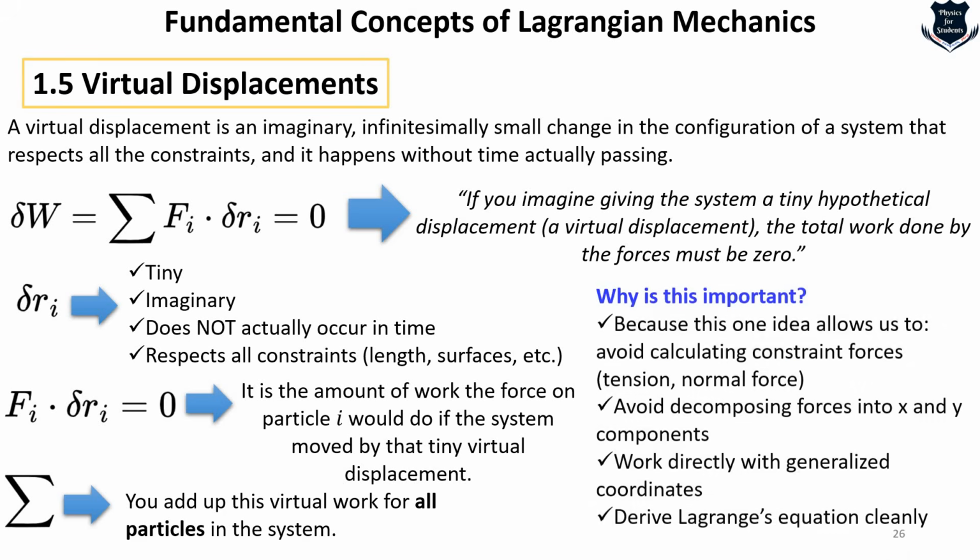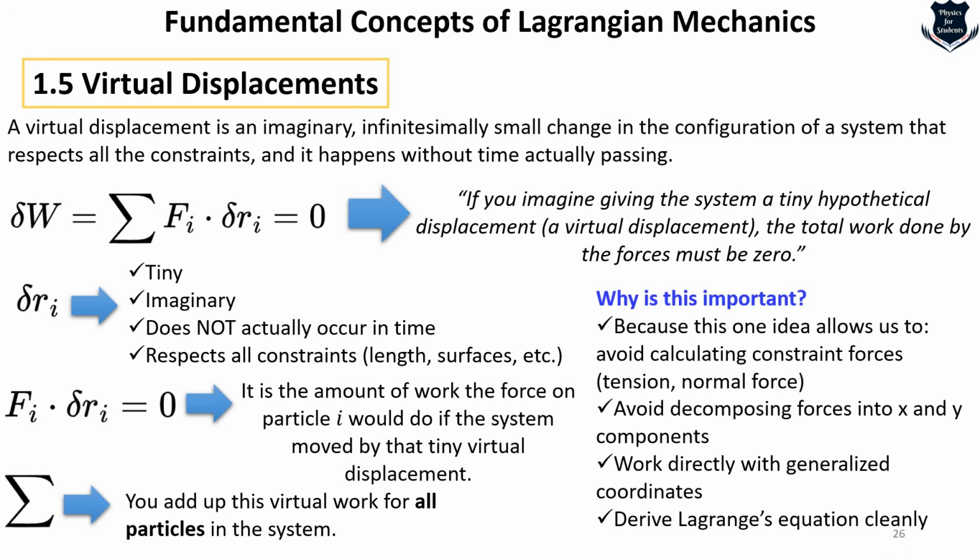Virtual displacements are the key, because they allow us to use the principle of virtual work and D'Alembert's principle, which later you will see leads to the derivation of the Euler-Lagrange equation. It allows us to avoid calculating constraint forces, avoid decomposing into x and y, and works directly in generalized coordinates. So virtual displacement is a very important concept, and this book does that.